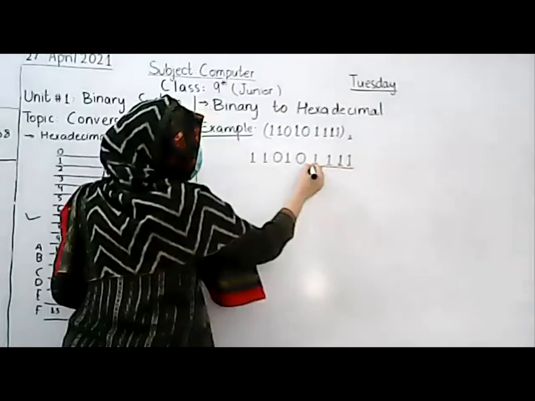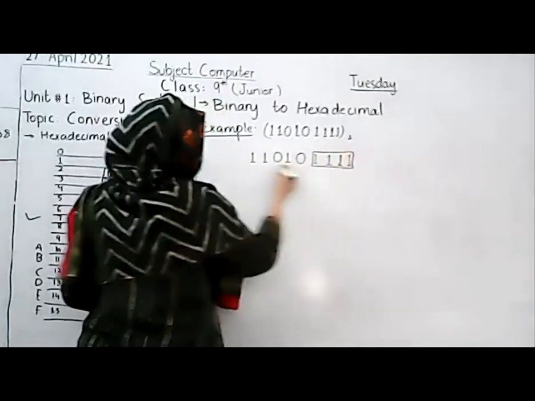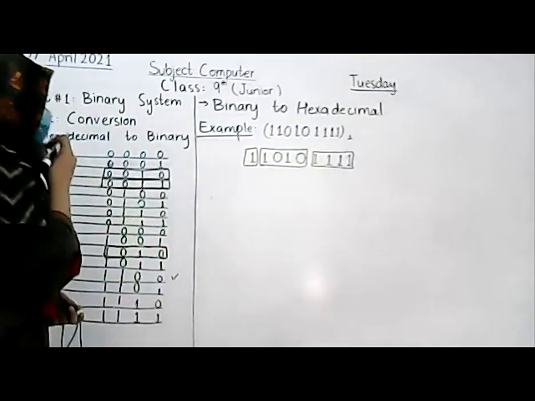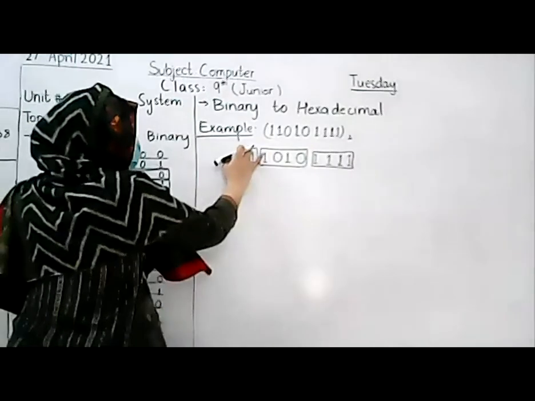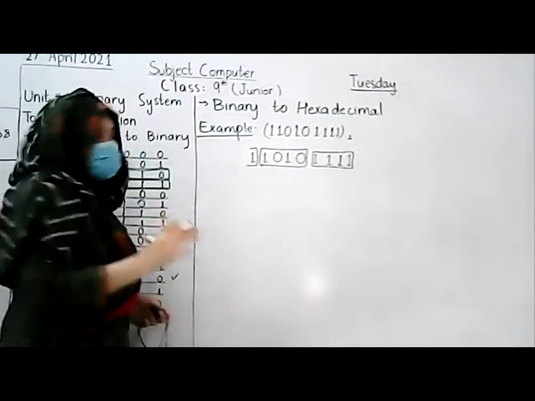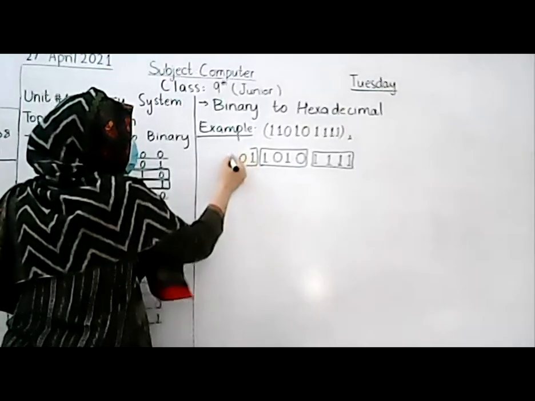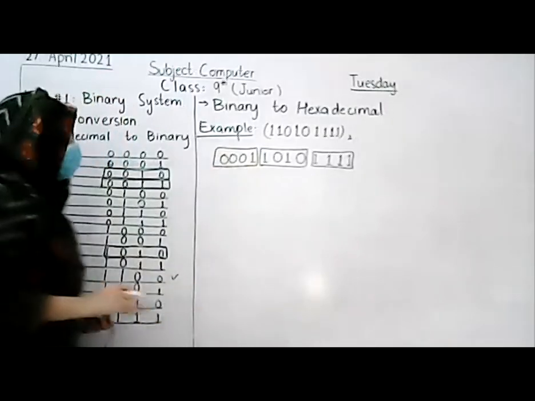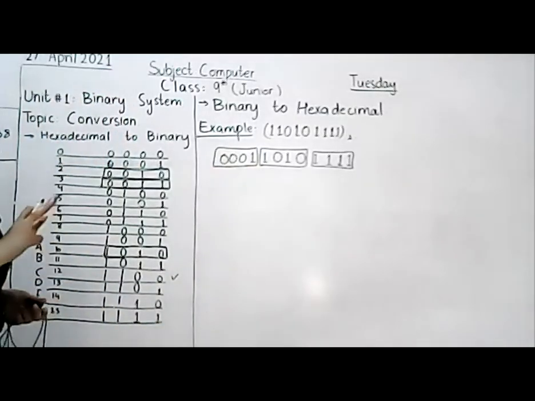So we will go for this pair and then this pair, and here is the one remaining. What will be the one here? We have to make it 4 digits, so we will add 3 zeros here. Here comes the 4 digit number and then we will go for the pairing.